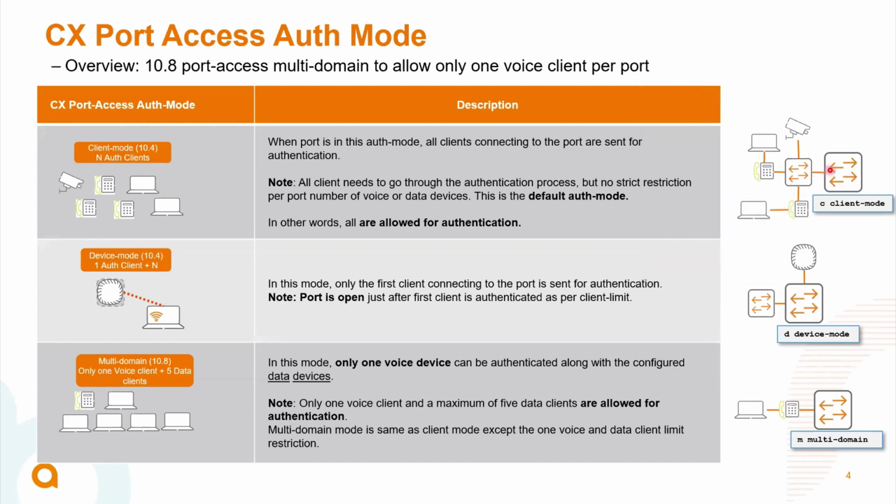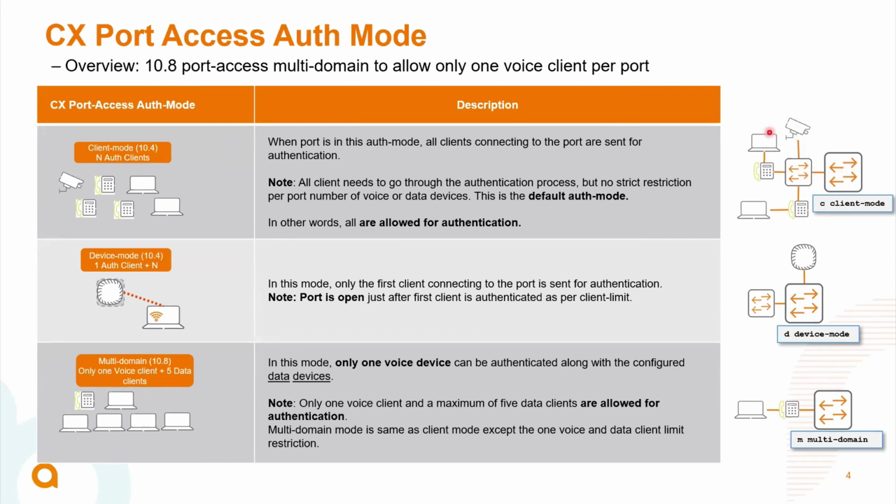If you look here, I have an AOS CX switch. This port, which I'm highlighting here, is connected to a switch, and I have many clients coming in, a camera or a PC behind a phone. In cases like these, all these clients will be sent for authentication to ClearPass by the authenticator, the AOS CX switch.